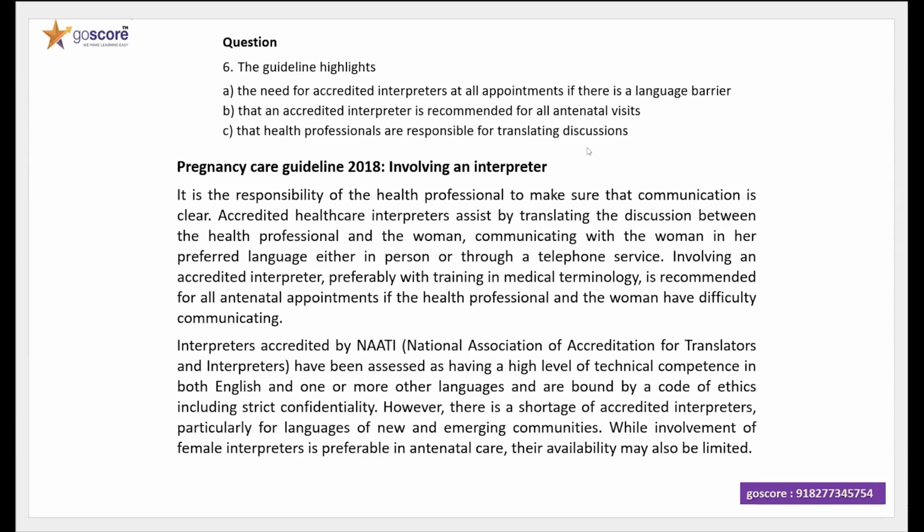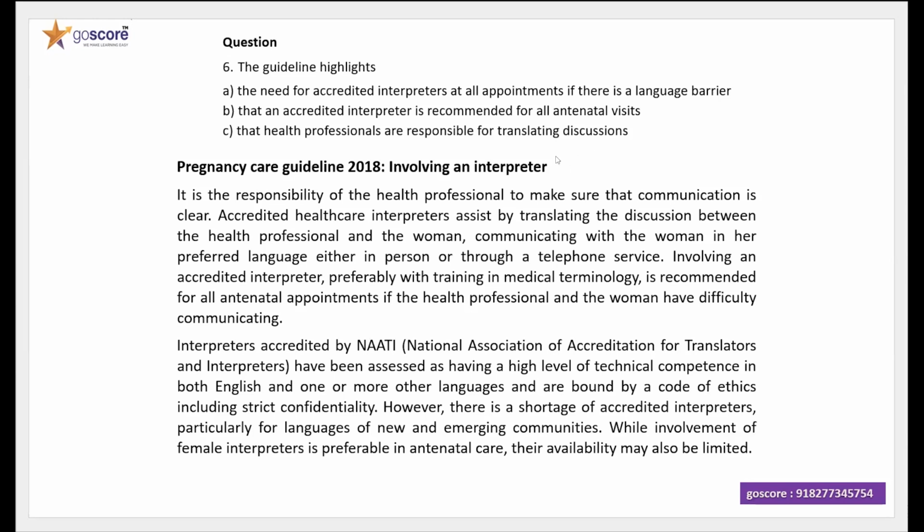As I told you before, if you have those words, you have to think whether the meaning is absolute or not. Here, the sentence meaning is not absolute. The word all is there, but they have given you if there is a language barrier. So that is not an absolute.